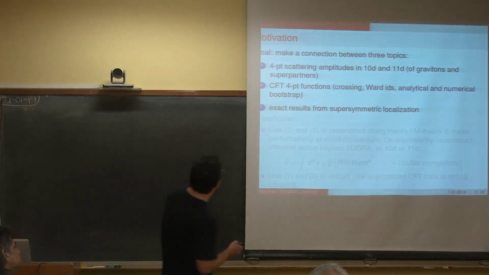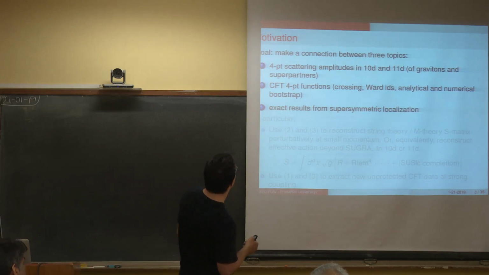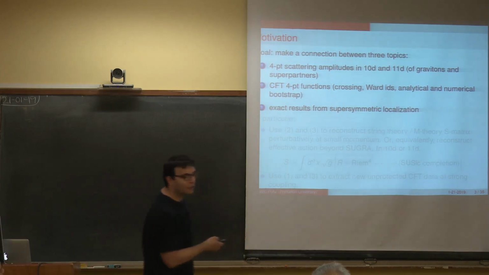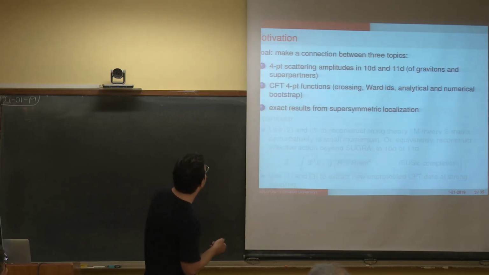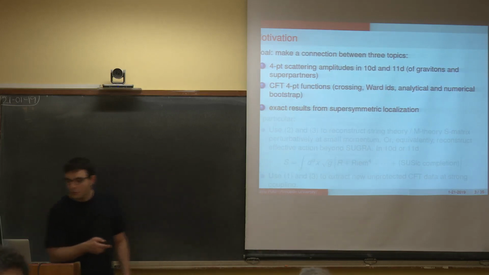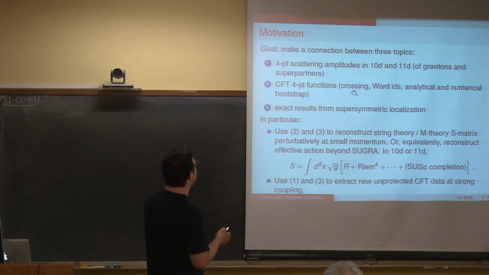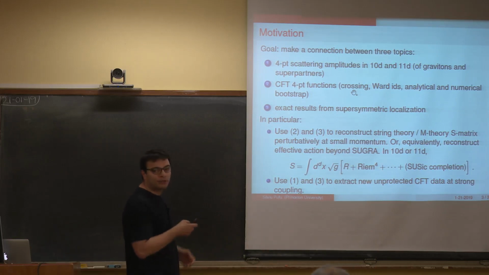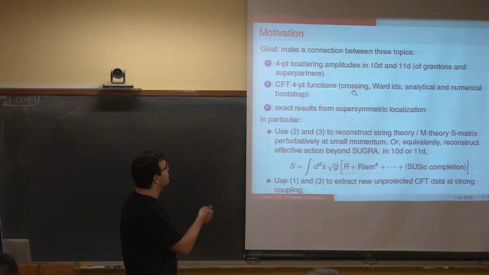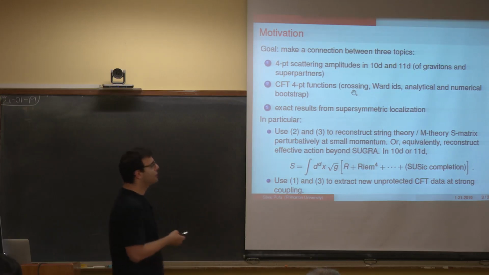OK. So the goal is the connection between three topics. The three topics are 4-point scattering amplitudes in 10 dimensions and 11 dimensions. They're scattering amplitudes of gravitons and their superpartners in the 11D case.